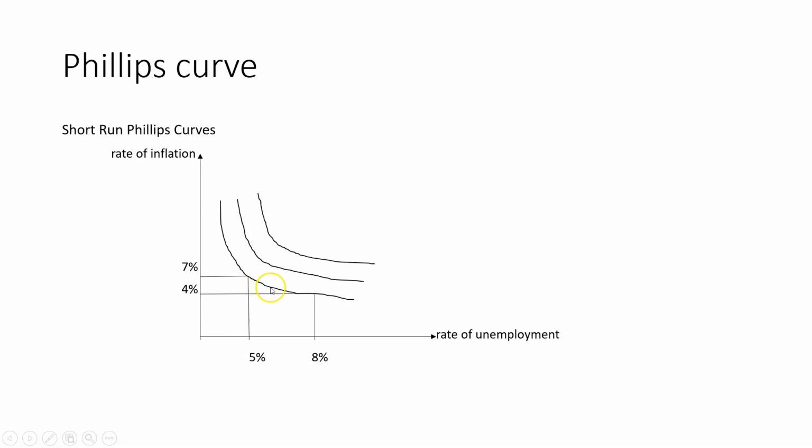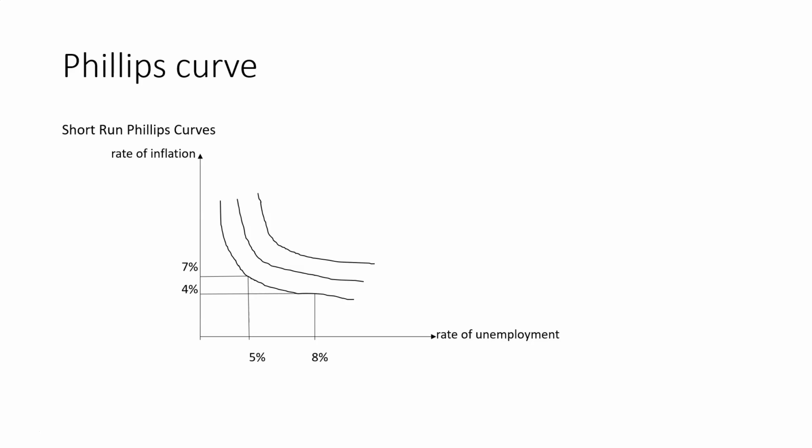We're going to slide down this Phillips curve. Yeah, we're going to get 4% inflation, but we're going to get 8% unemployment. Okay? So we need to be careful of this. We need to be aware of this.